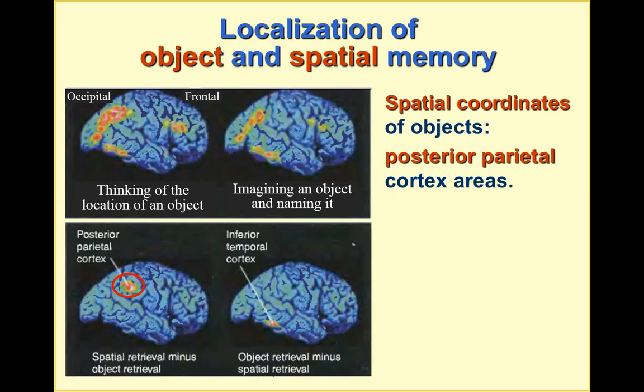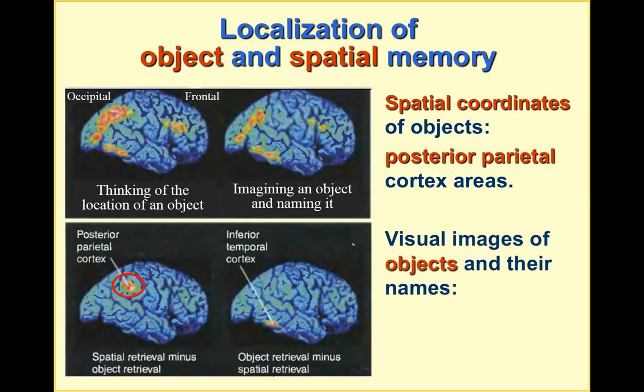So this is the area which understands and estimates the spatial coordinates. Then, when this person is asked to imagine an object or to name the object, these visual images of objects and their names are exactly estimated in the inferior temporal cortex areas, somewhere in inferior temporal area.